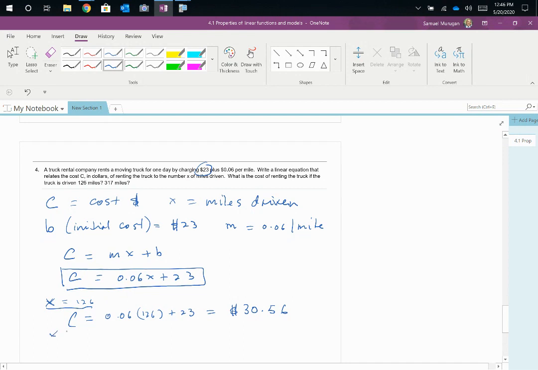And when x is equal to 317 miles, the cost is 0.06 times 317 plus 23. Calculator, $42.02.